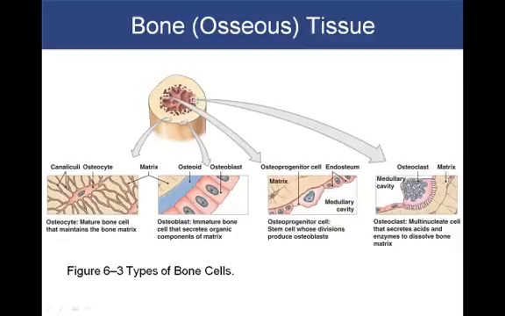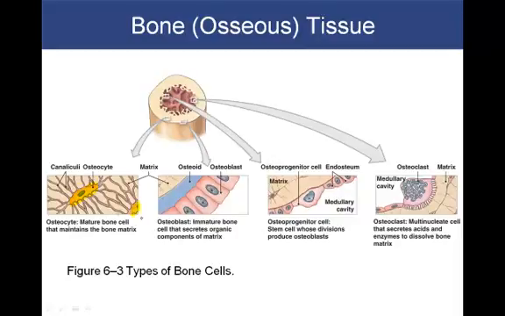Figure 6.3 shows the types of bone cells. This gives you a little diagram or picture of what these bone cells look like. Again, here we see all the way over on the left, we have the osteocytes. And these osteocytes are completely embedded within matrix.